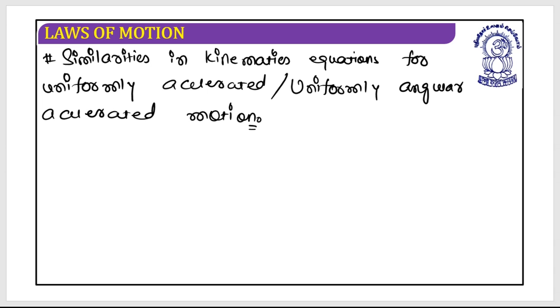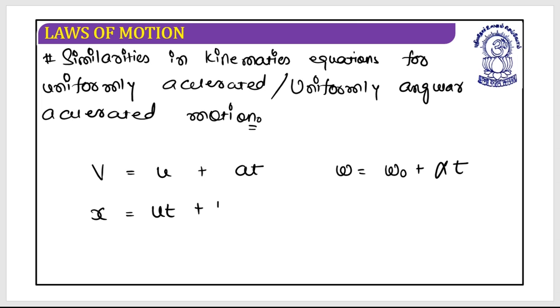So here in the linear world, I can write v is equal to u plus at. In the angular world, I can write omega is equal to omega naught plus alpha into t. Displacement x is equal to ut plus half at square. In the angular world, theta is equal to omega naught t plus 1 by 2 into alpha into t square.